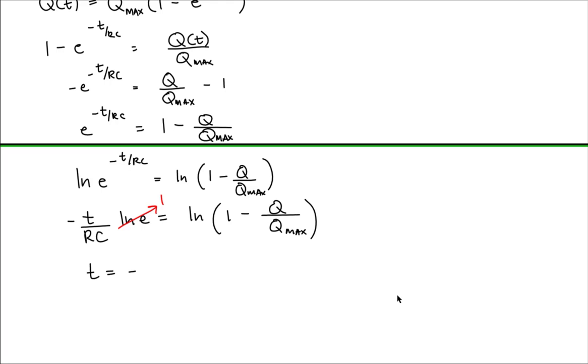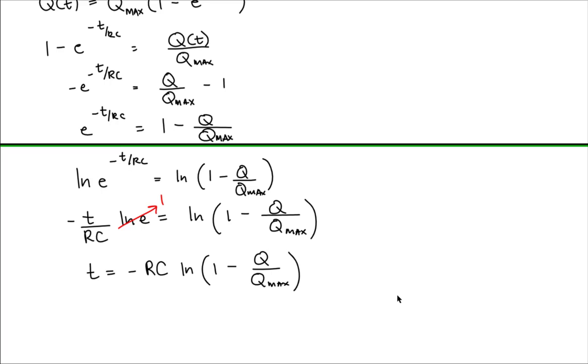So the time is equal to minus the product of RC, which is our time constant, and remember, for this circuit that is going to be equal to 1 second, times the natural log of 1 minus Q over Q max.